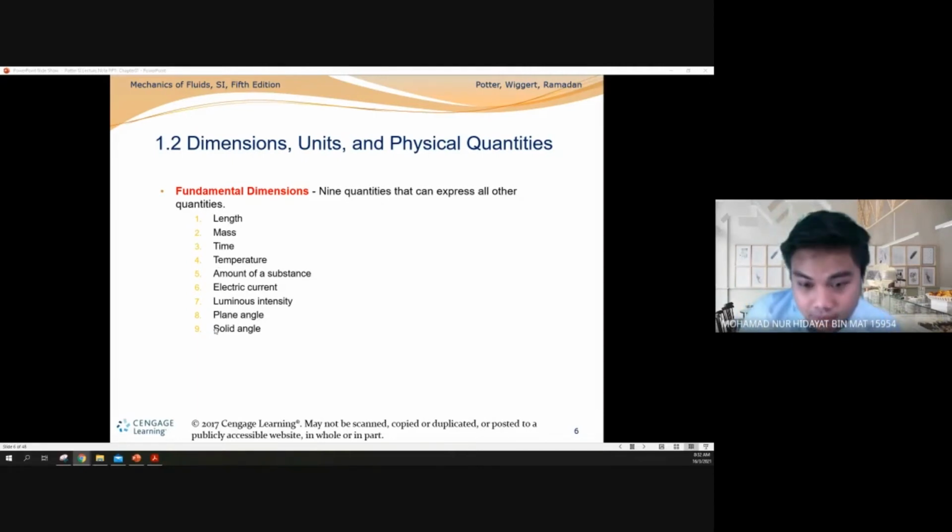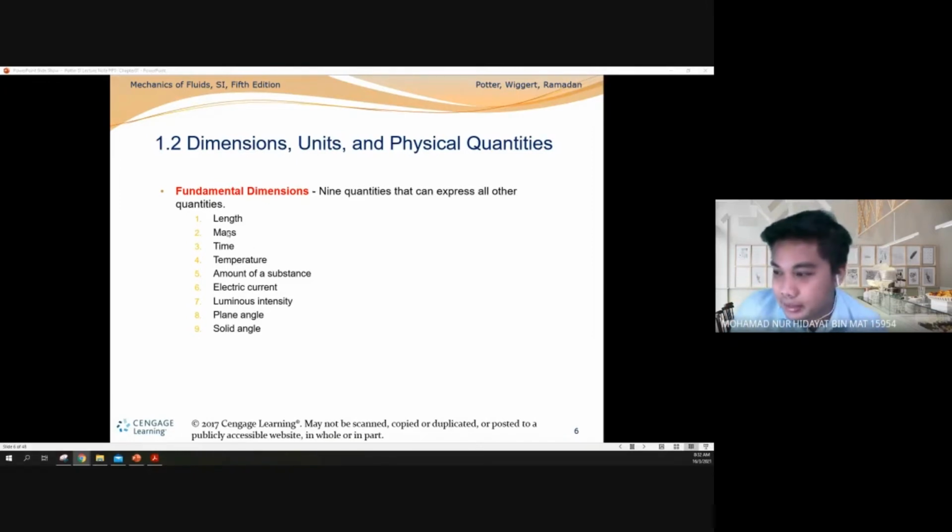For example, velocity. What is the unit of velocity? Anyone? Yes, meter per second.